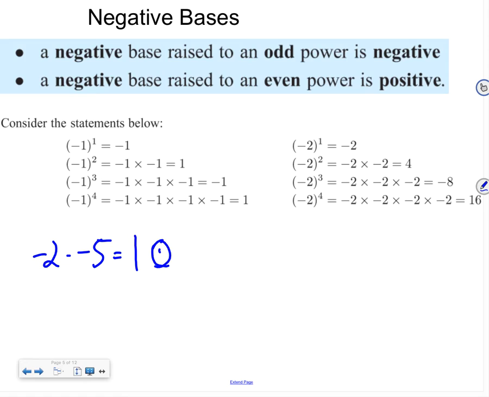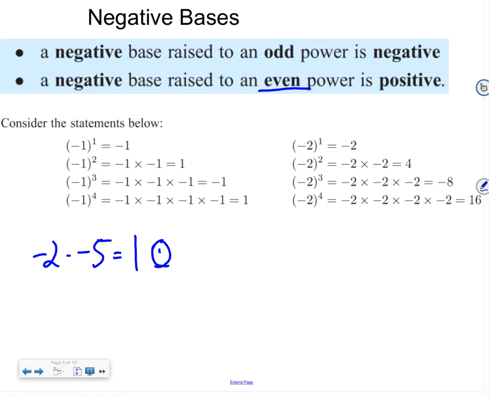What happens is we think of it as the negatives canceling out. For that same reason, anytime we have an even power, the negatives cancel each other out, because when you have even numbers, you always have a complement.